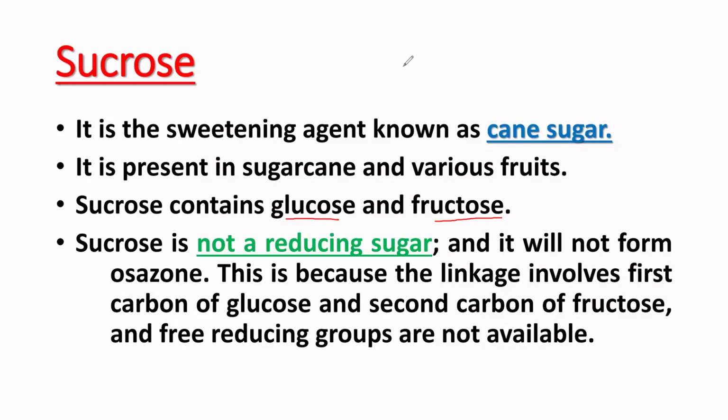An example of reducing sugars: all monosaccharides are reducing sugars because they have a free aldehyde or ketone functional group. But sucrose is a non-reducing sugar because none of the reducing groups is available from both the glucose and the fructose.